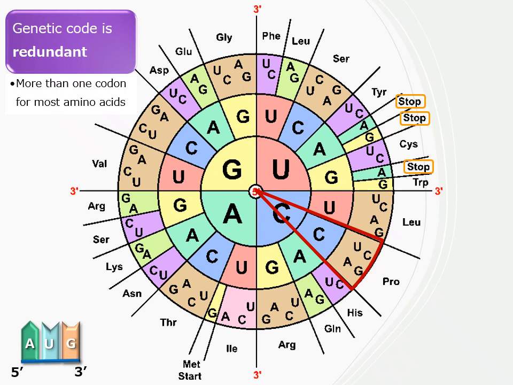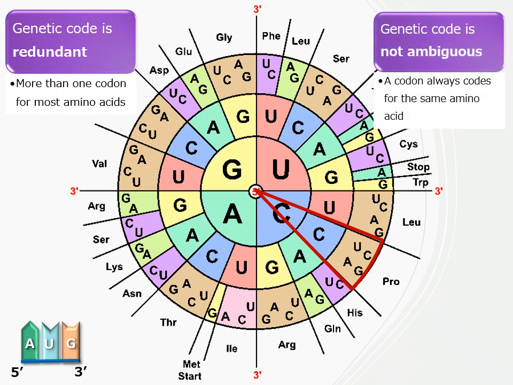In fact, a quick look around the circle will show you that a similar scenario is true of every amino acid, except for methionine. And in most cases, it's the 3rd base of the codon that is more variable. Now, this is what we refer to as wobble, where the 3rd base can be changed without affecting the amino acid sequence. We can also see that the genetic code is not ambiguous.